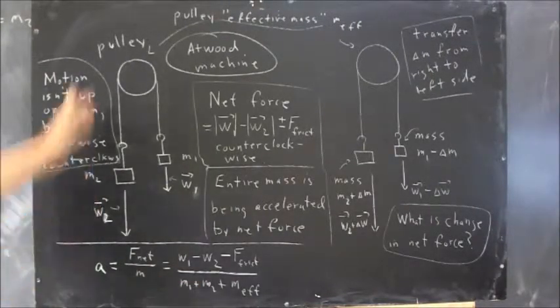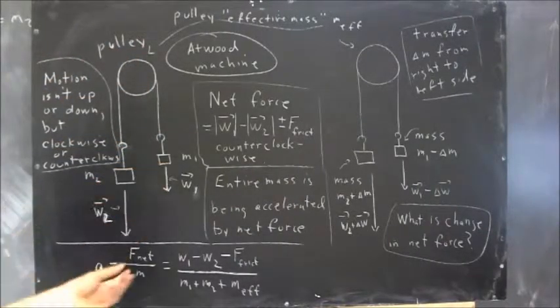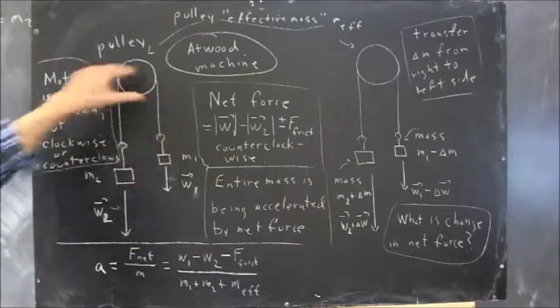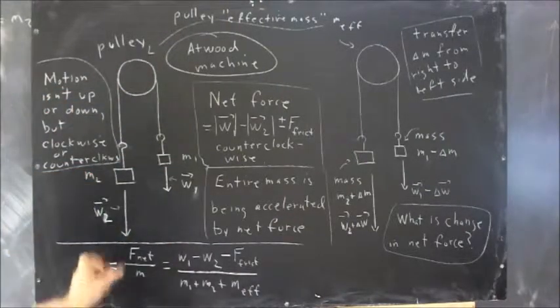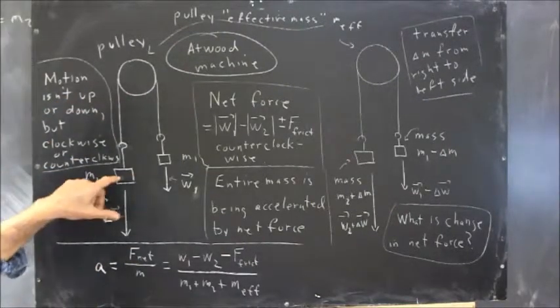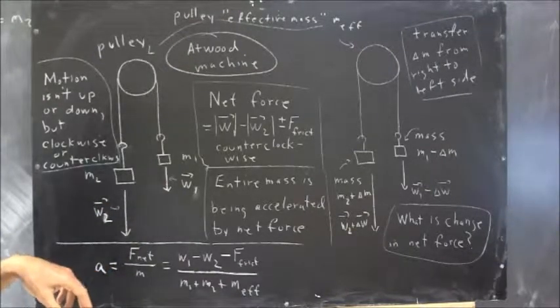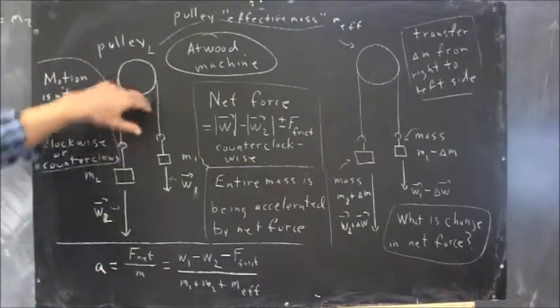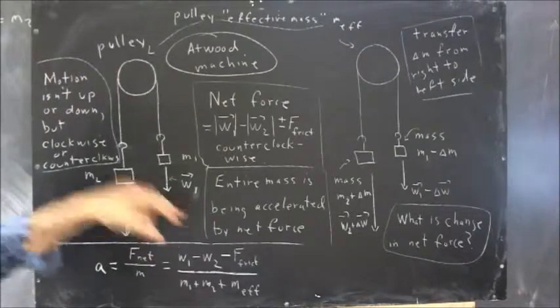Now, if the system was rotating in this direction, if this mass is greater than this mass, we won't get the system to rotate in this direction by releasing this mass, but we could give the system a push in this direction, and it would slow down. Again, if M2 is greater than M1, or if W2 plus the frictional force is greater than W1.